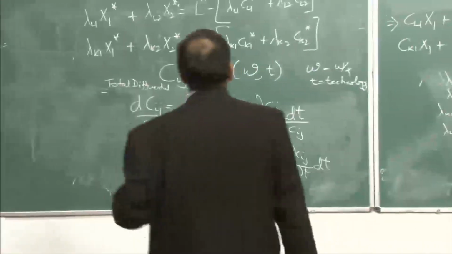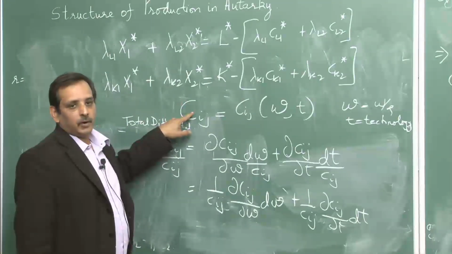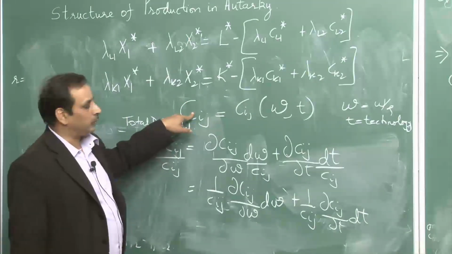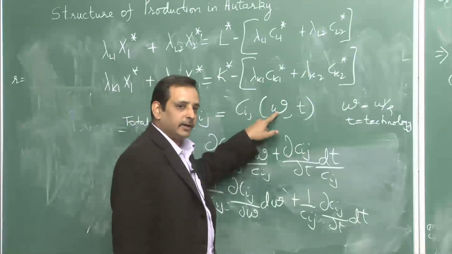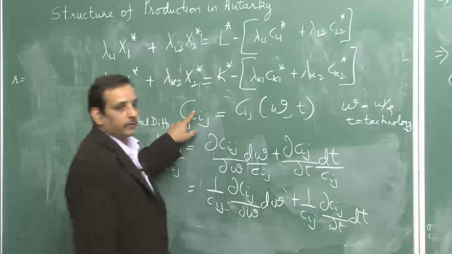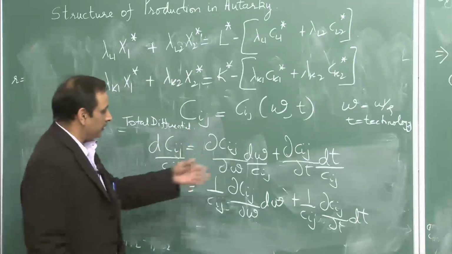So, technology has an impact on the labor and capital requirements to produce 1 unit of output. And this also changes because if the relative wage rate changes, that also has an impact on Cij. So, this is reflected in this.